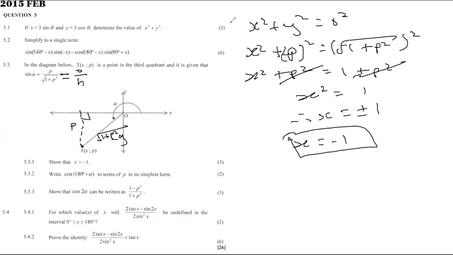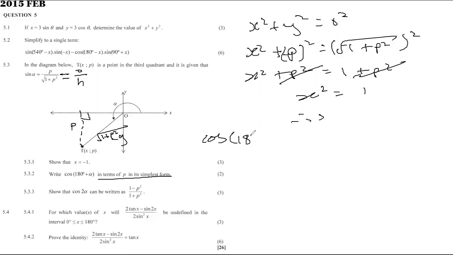Then we move on, guys, and we are now going to look at this one here. Cos of 180 plus alpha has to be written in terms of p in its simplest form. So first of all, I must reduce this to minus cos alpha. Then cos, I know, is adjacent over hypotenuse.